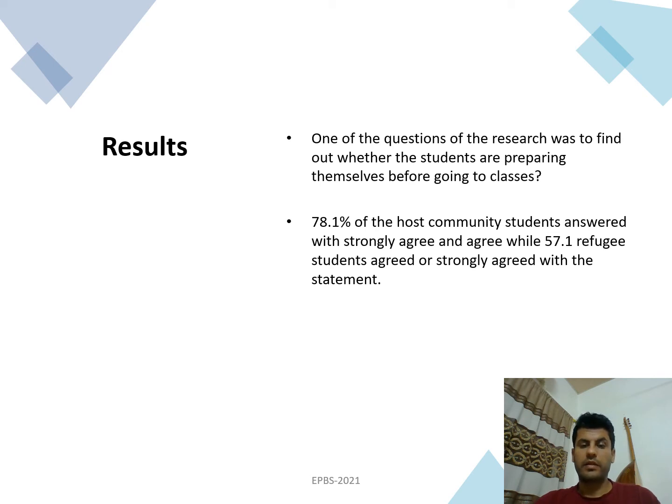The results show, about the first question, which group is more prepared before going to the class. The data shows that 78.1 of the host community students strongly agreed or agreed with the statement that yes, I prepare myself before going to the class, while 57.1 of refugee students agreed or strongly agreed with this statement.